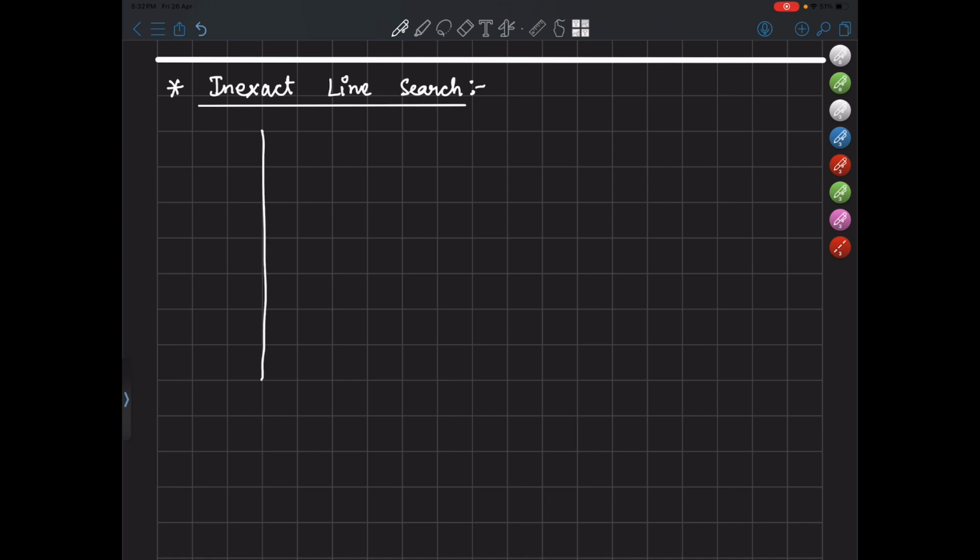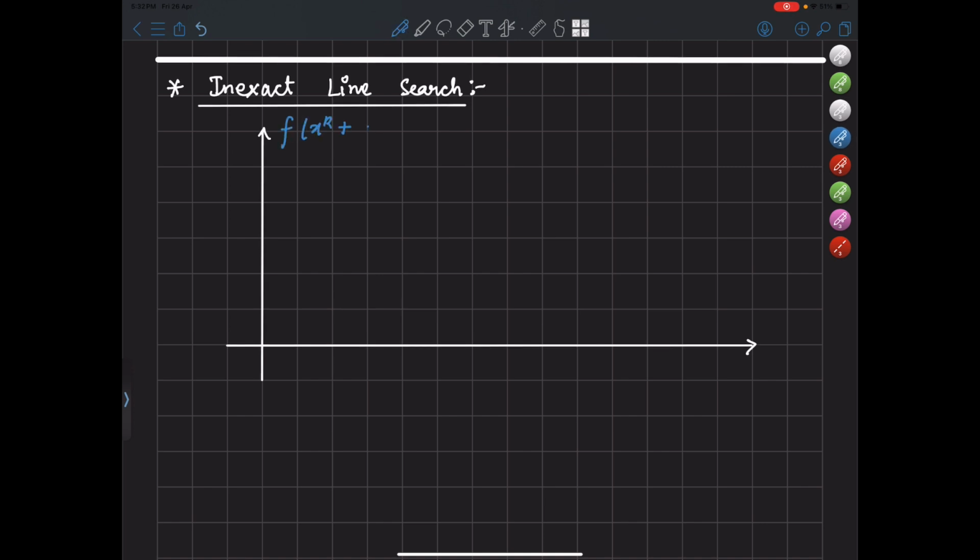The problem that we are trying to solve in line search is this: we have been given xk and f of xk. We have also found a descent direction dk. What we are looking for is an appropriate alpha, the step length. Now let's say this is the value of f as a function of alpha. If we change alpha, it's basically the value of f along the direction of dk.